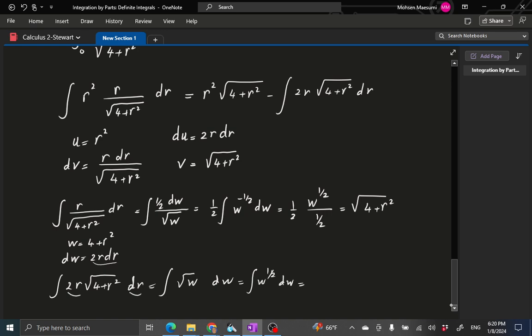Use the power law, so w to the power of 1 plus 1/2 is going to be 3/2 divided by 3/2. So that's going to be written as 2/3 of w, where w was 4 plus r squared, to the power of 3/2.